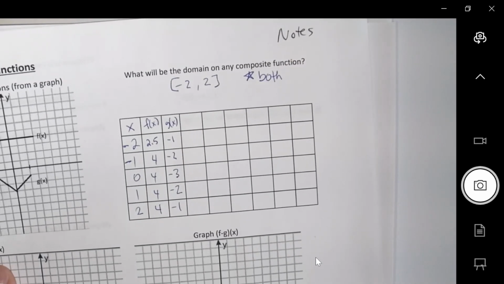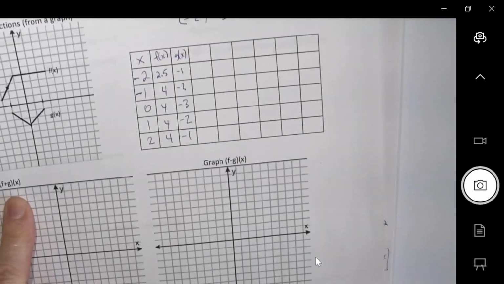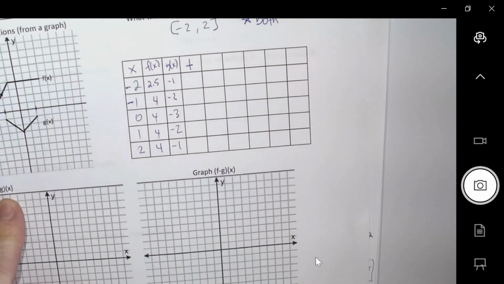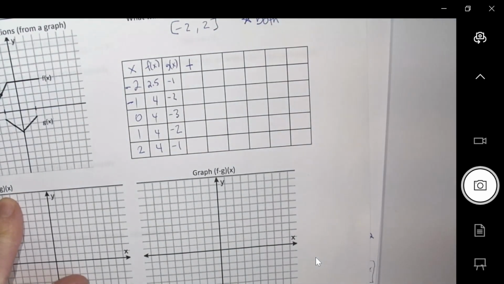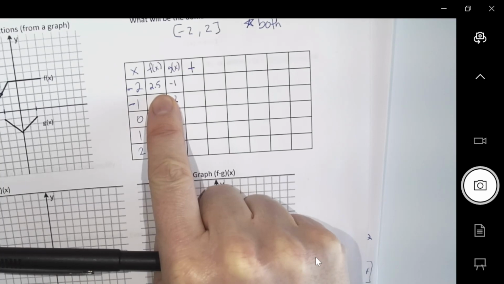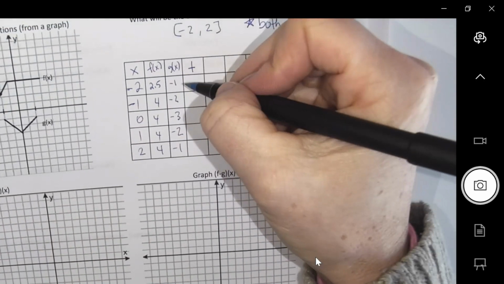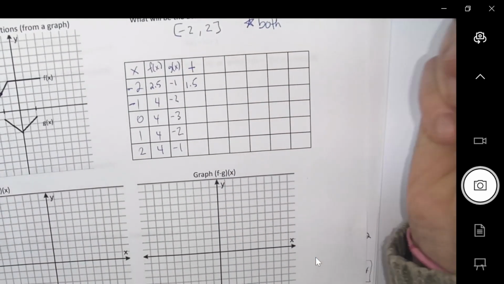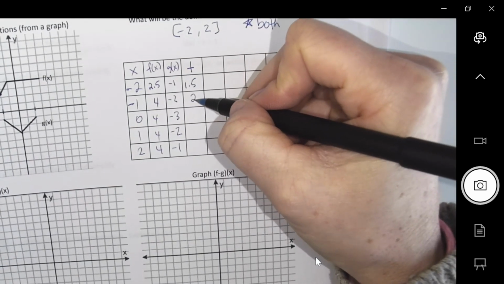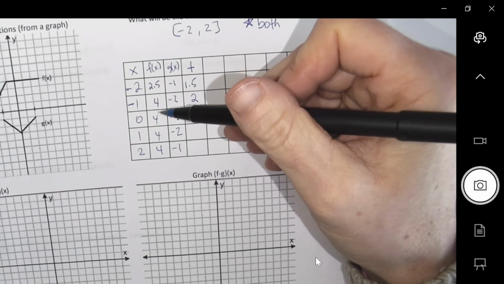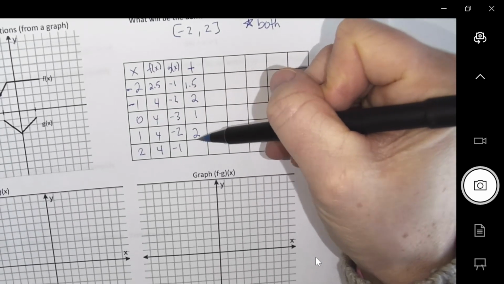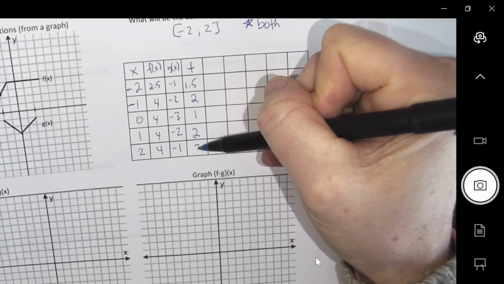This first graph asks us to graph if the functions got added together. So all I'm going to do is take these two values and add them. What's 2.5 plus -1? So 1.5. 4 plus -2 is 2. 4 plus -3 is 1, 2, and 3.